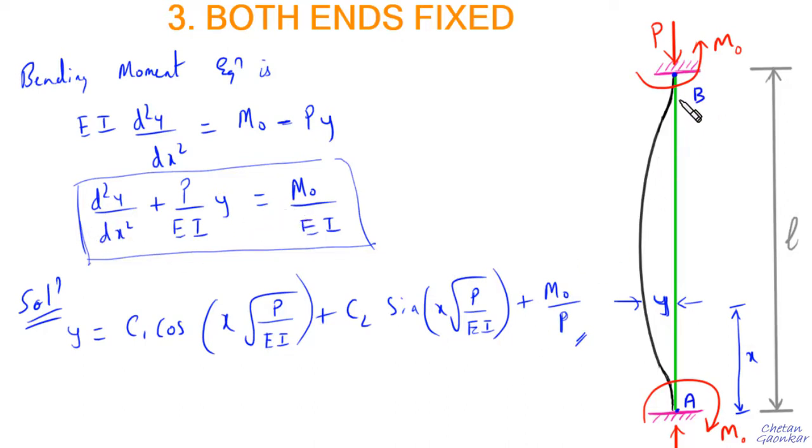Now since this column is fixed at both ends, there will definitely be boundary conditions wherein it is fixed, and there we will take the help of the slopes. So why not differentiate this equation right now itself.